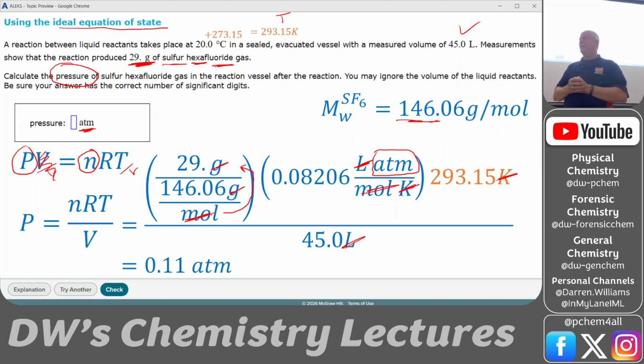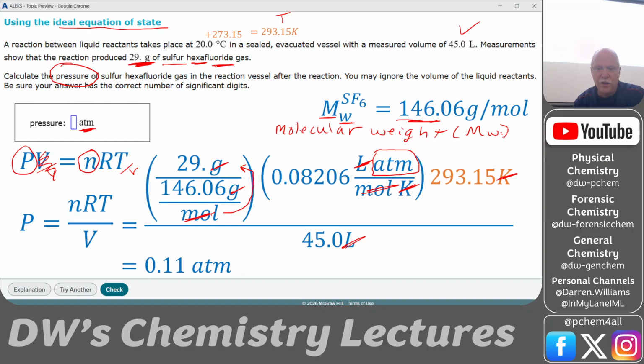Yes? Does MW mean? Good question. I will use MW or M sub W as molecular weight. Molar weight or molecular weight? So that's the MW that I will typically use. But the other phrase for that is molar mass.